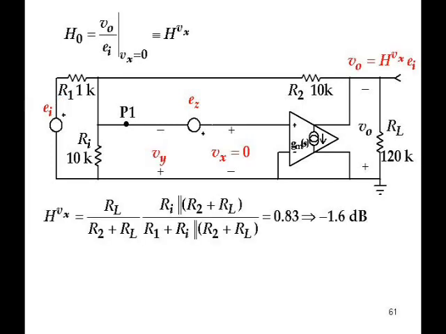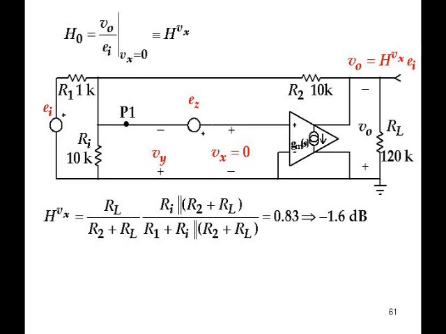Here's the third second level transfer function. This is the direct transmission through the feedback path. Again, double injection. And you adjust EZ in the presence of EI, this time to null Vx. If you null Vx, there is no signal going down the forward path.